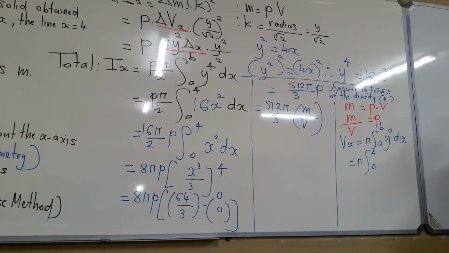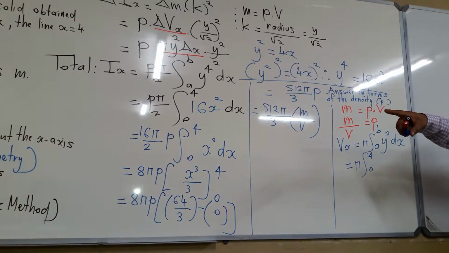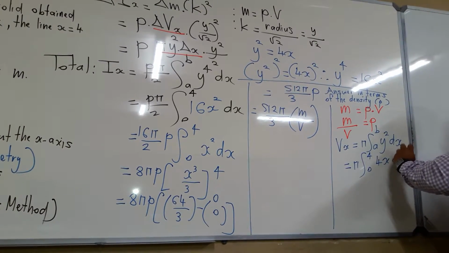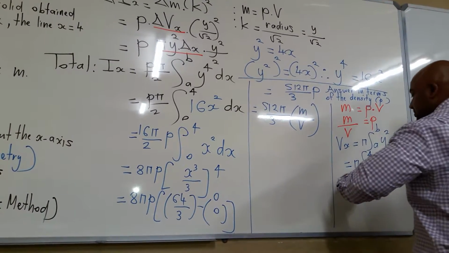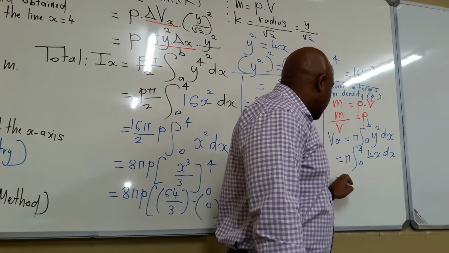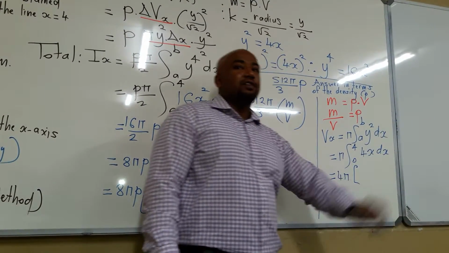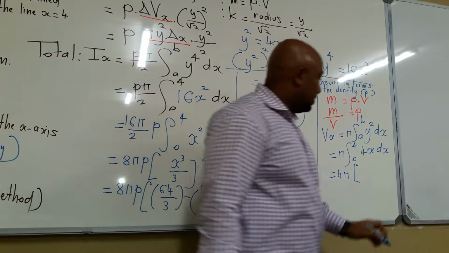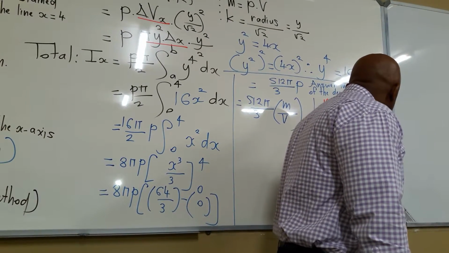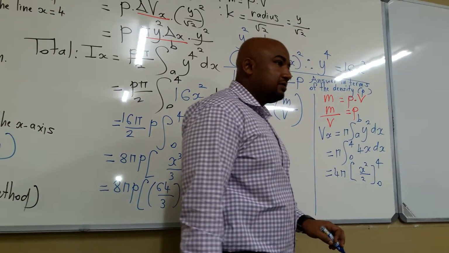What is y squared? Go back to the equation. Simple, y squared is just 4x. So I'm going to take out the 4 pi there. I will just integrate x instead of integrating 4x. So I'll integrate x, that will be x squared over 2, substituting 4 and 0.